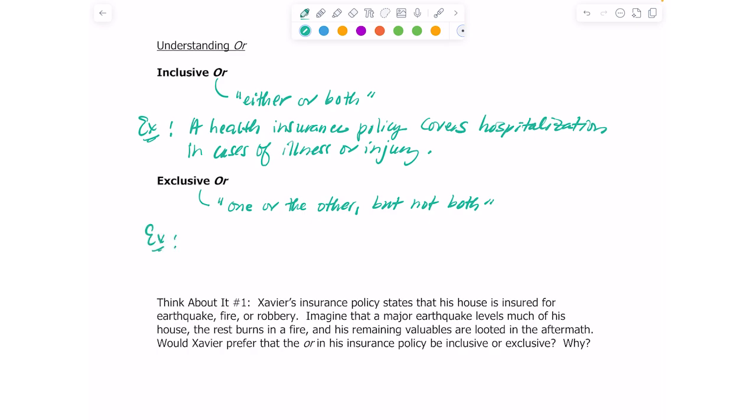It's one or the other, it's not both. And again, we're going to assume that we're using an inclusive OR, which means either one or both in this book.